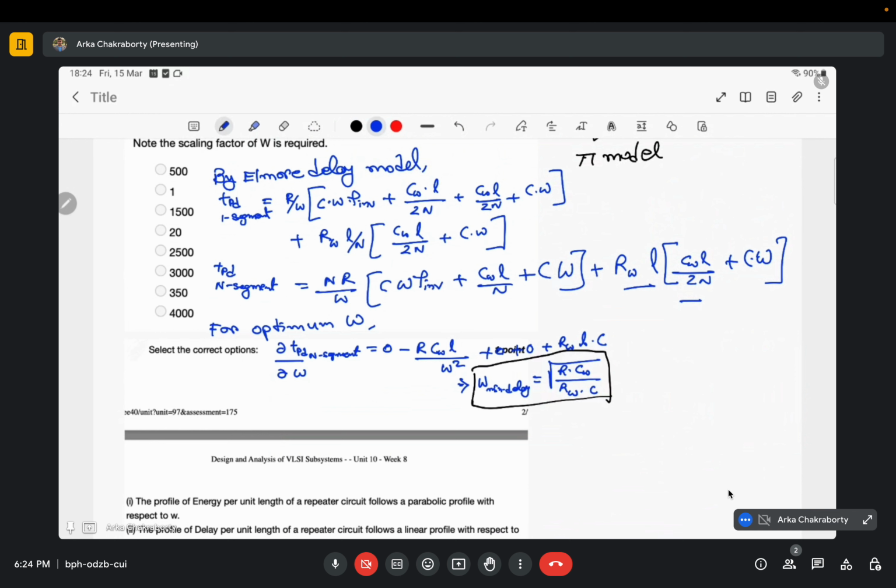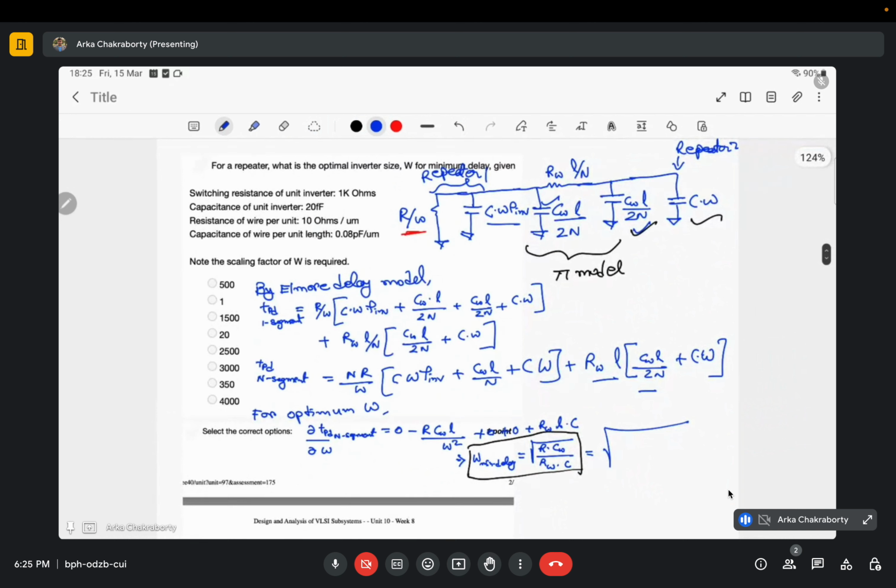Now using this expression, I know that the given values are r is 1 kilo, c is 20 femto, rw is 10 ohms per micrometer, and cw is 0.08 picofarad per micrometer.